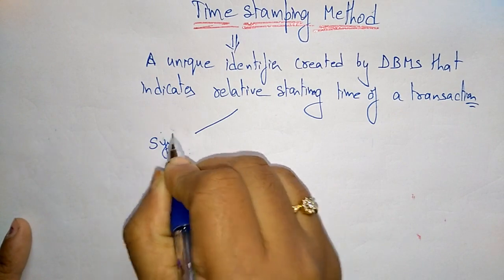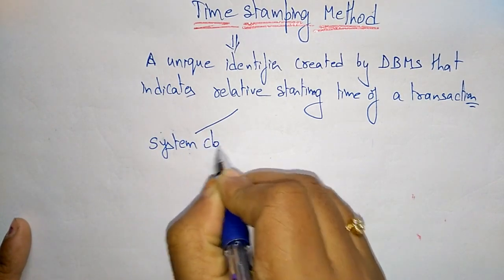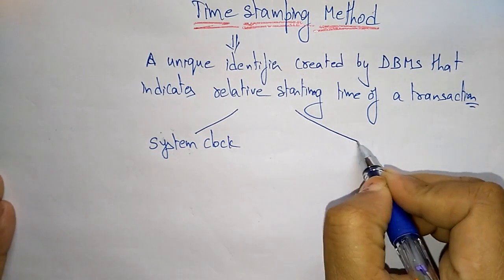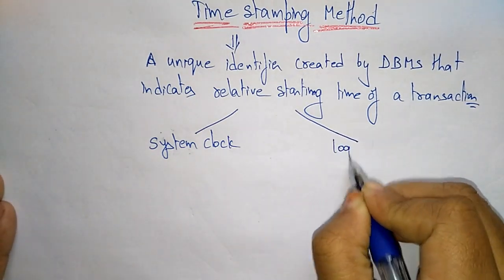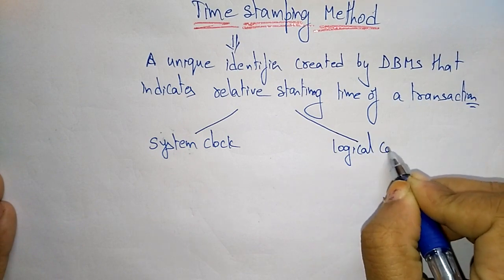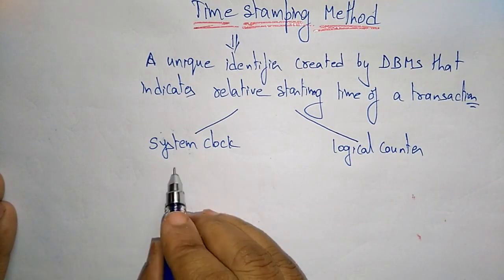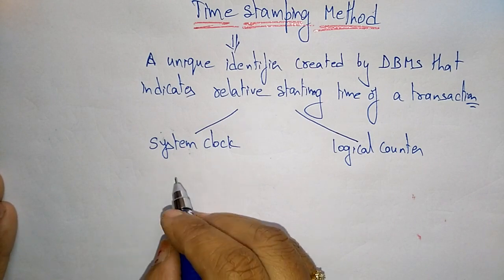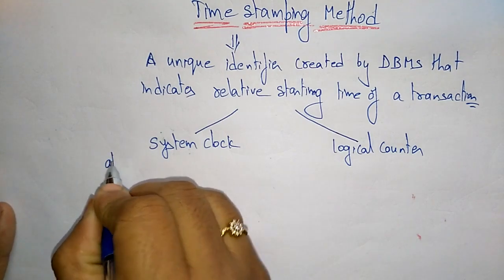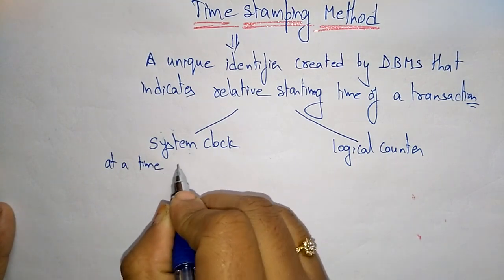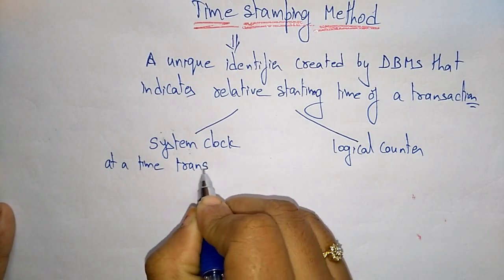So this time stamping can be generated by using the system clock, or else by a logical counter. So here the time stamping can be generated by using the system clock at the time the transaction started.